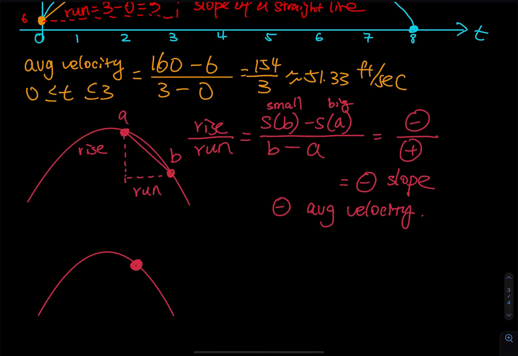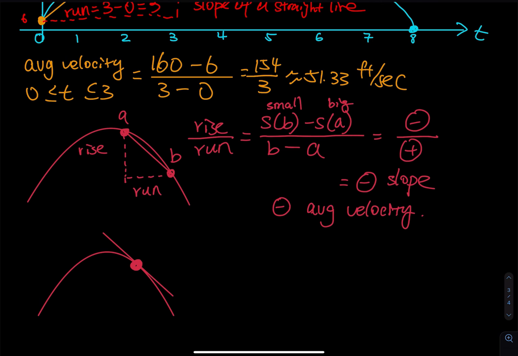I am not using 2 points anymore. I am using exactly 1 point. If you have 1 point only and you sketch a straight line, the rise over run is not going to work, because in order to apply the rise over run formula, we need 2 points.